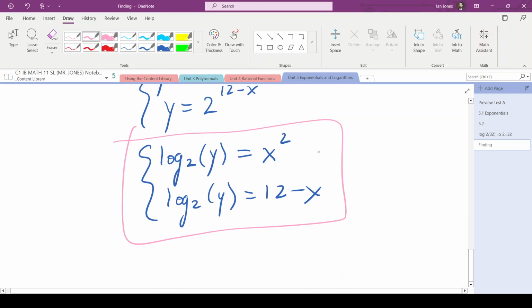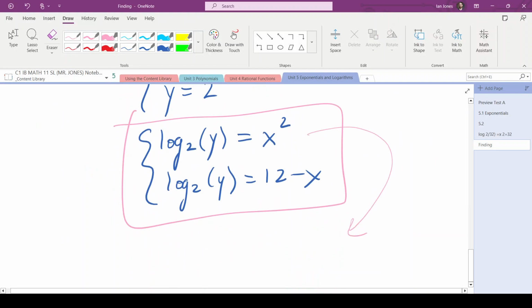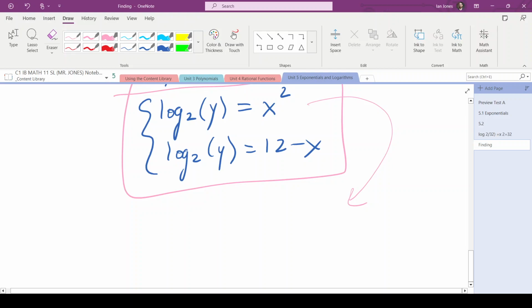I'm also looking at this and I'm thinking, gee, how could I play around with this? And there is actually a way that we could play around with this. It might be just a little bit beyond what you're ready for. But if I square rooted both sides, my right hand side would be x.